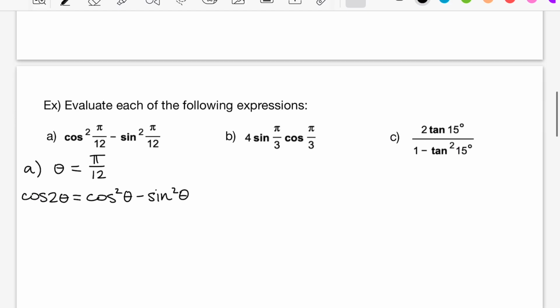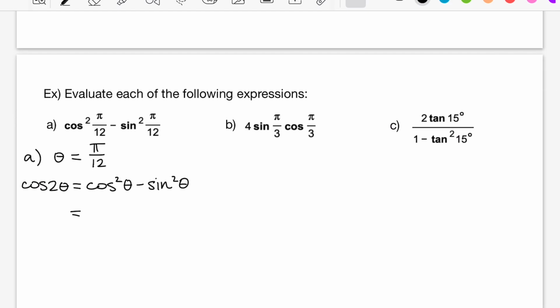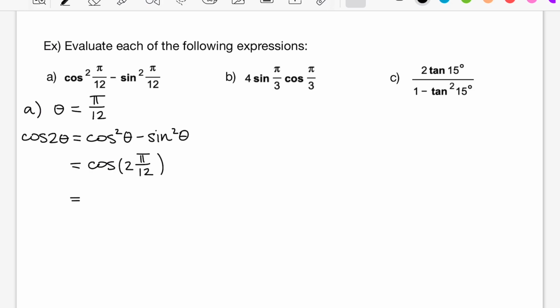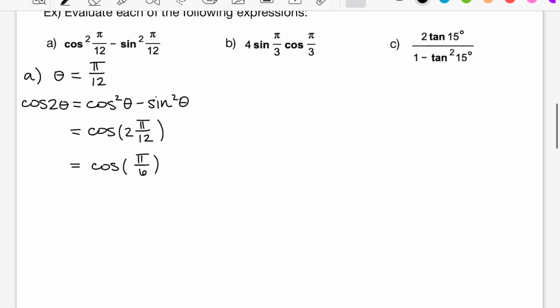So what we can do is evaluate this. We know that this is going to be equal to cosine of 2 theta. We know theta is pi over 12. So simplifying this, we'll get cosine of pi over 6, which, referring to our unit circle, we know is going to be root 3 over 2.